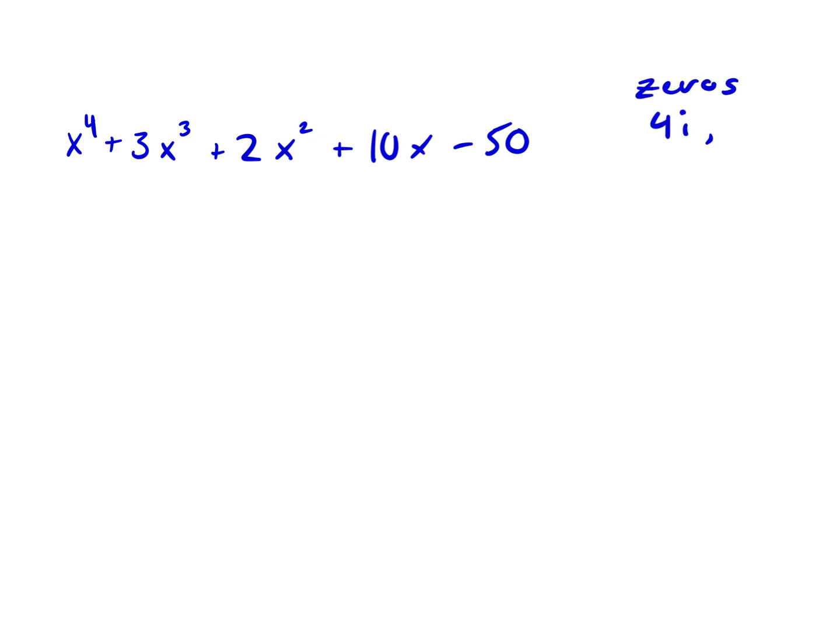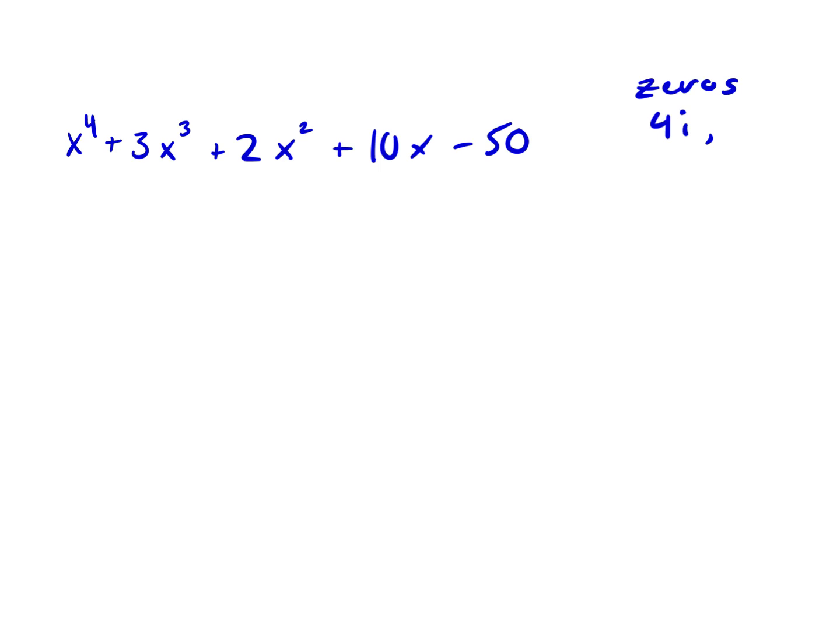Let's say I had x to the fourth power plus 3x cubed plus 2x squared plus 10x minus 50. Something like this. And it said that one of your zeros is 4i. And it says, find all the zeros.